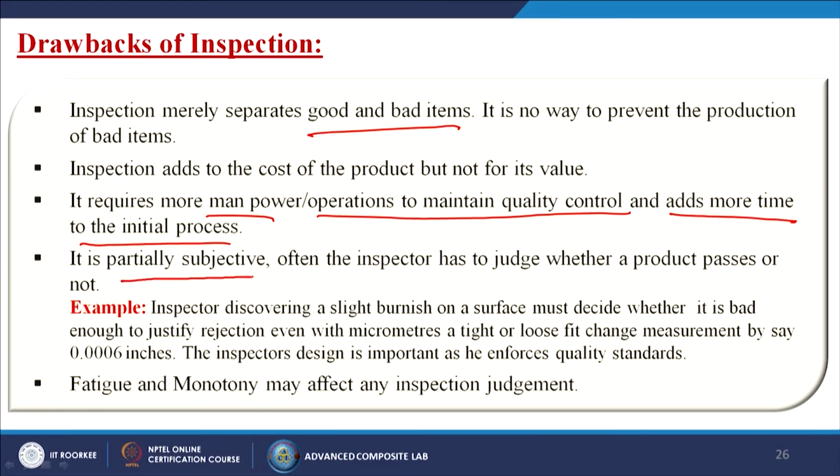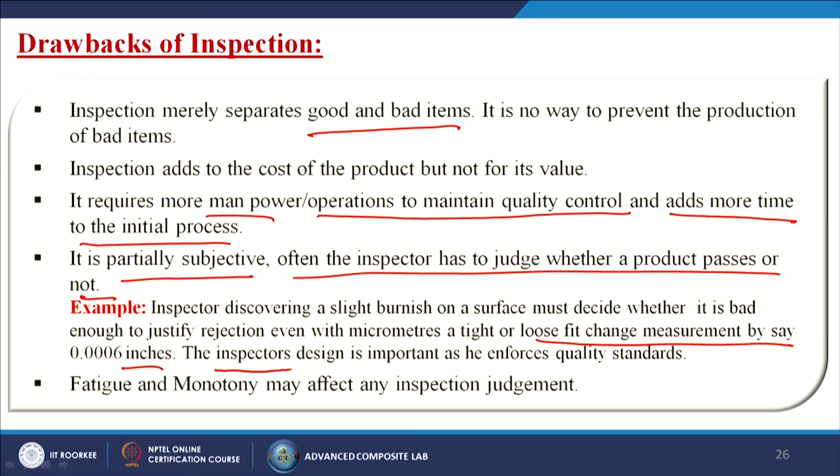It is partially subjective. Often the inspector has to judge whether a product passes or not. For example, an inspector discovering a slight burnish on a surface must decide whether it is bad enough to justify rejection. Even with micrometers, a tight or loose fit can change measurements by say 0.0006 inches.